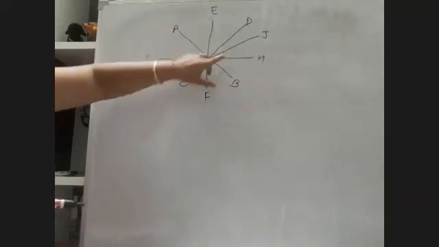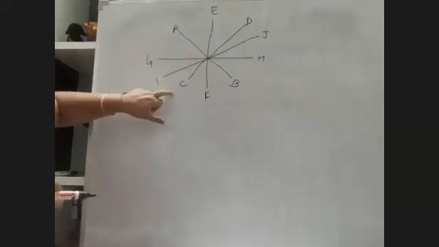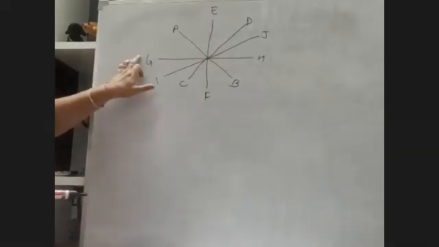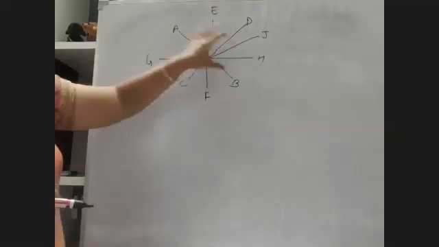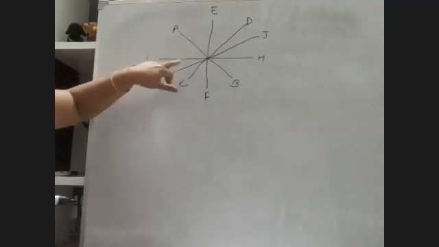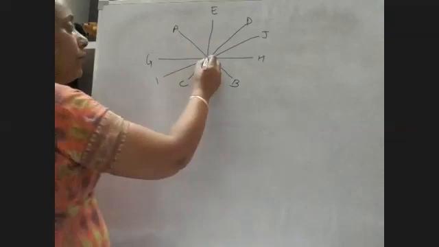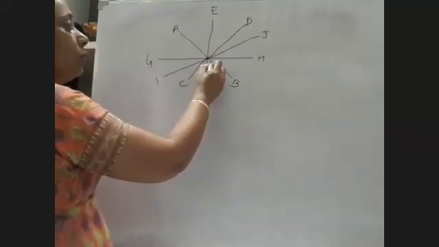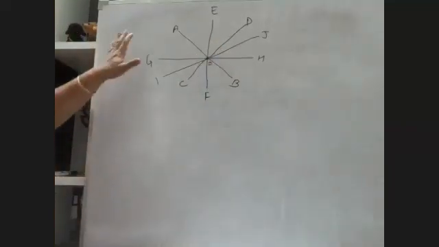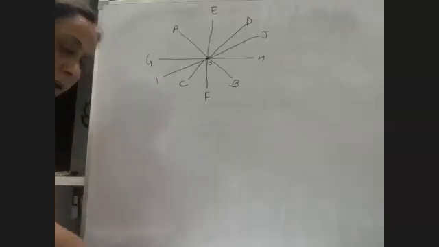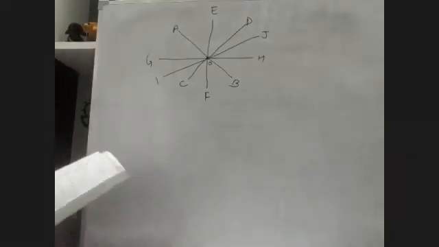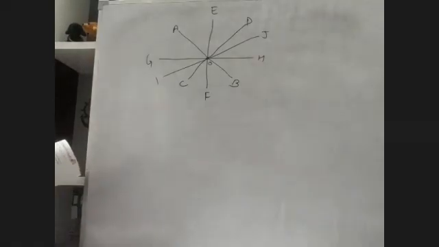All these 5 lines pass through one point, that is point O. So these lines are concurrent lines. If 3 or more than 3 lines pass through the same point, then these lines are concurrent lines.